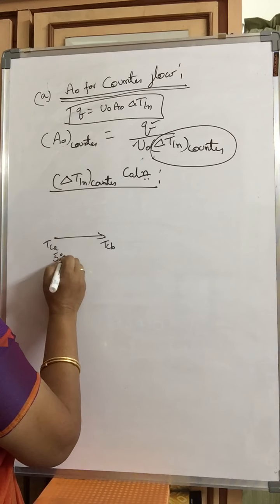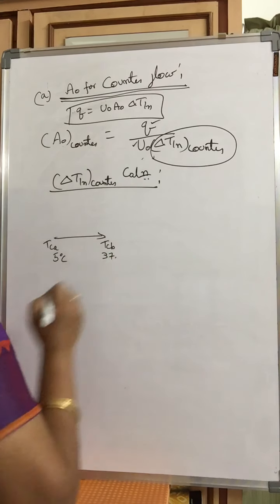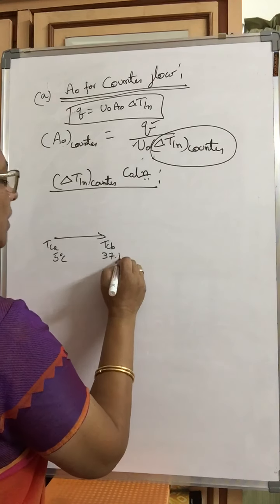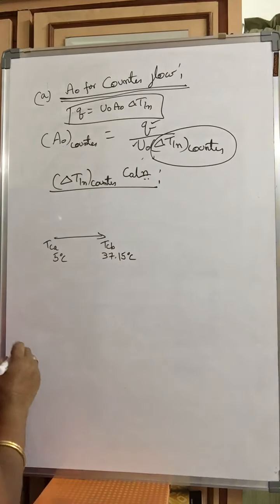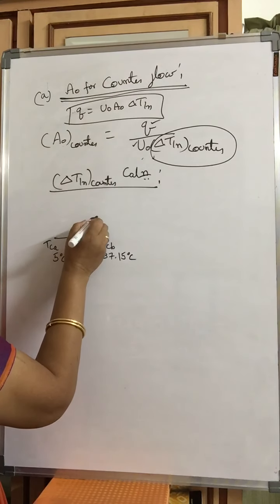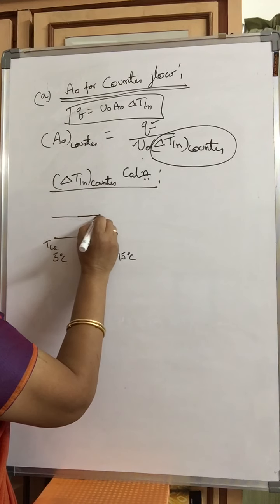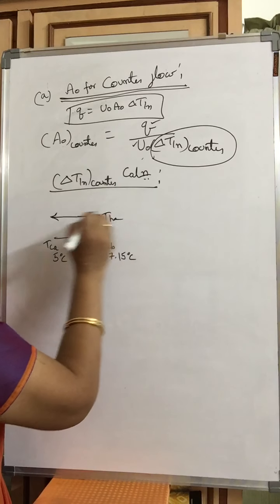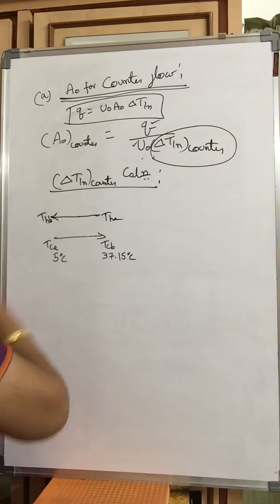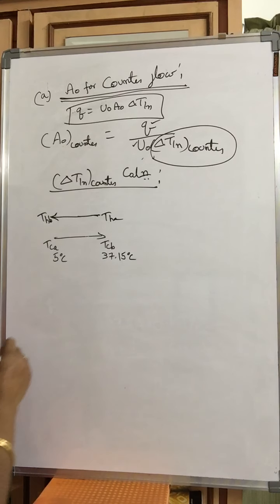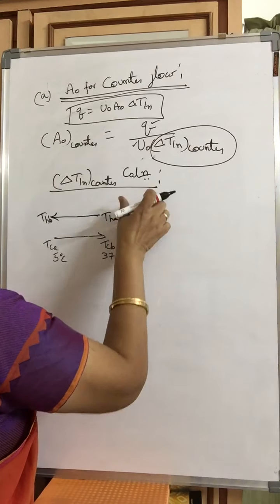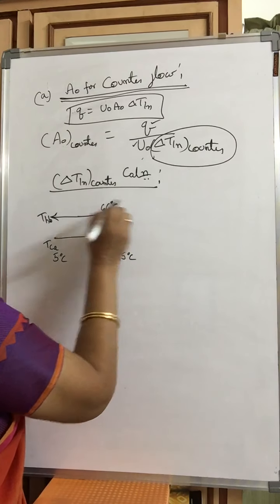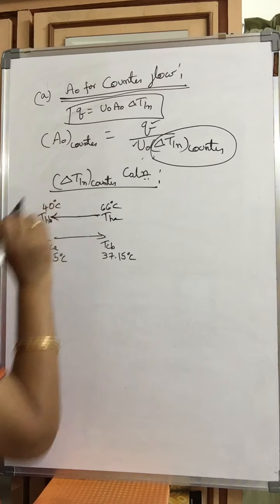It is 5 degrees centigrade, and this is 37.15 degrees centigrade. Since we are working out for counter flow, draw another line here, arrow mark comes here. So THA and this is THB. So what are the temperatures? 66 and 40. This is 66 degrees centigrade and this is 40 degrees centigrade.